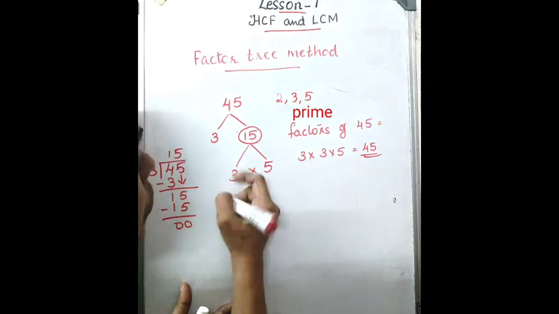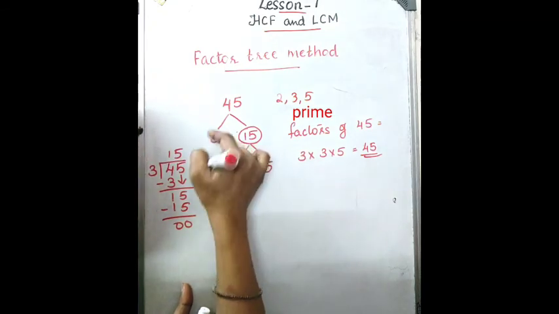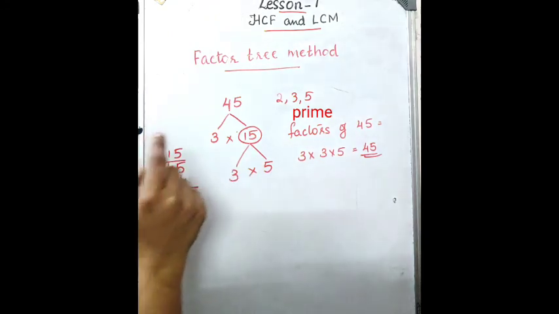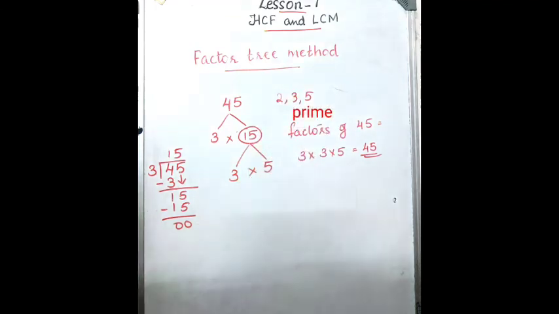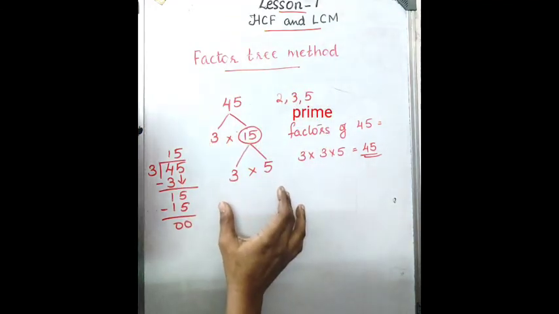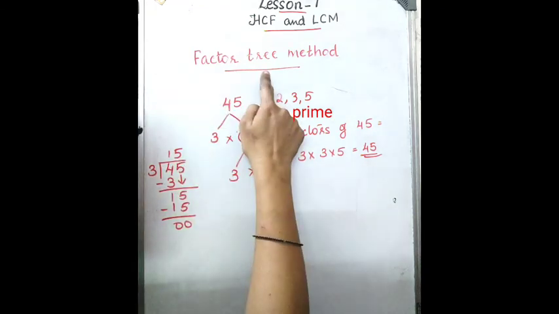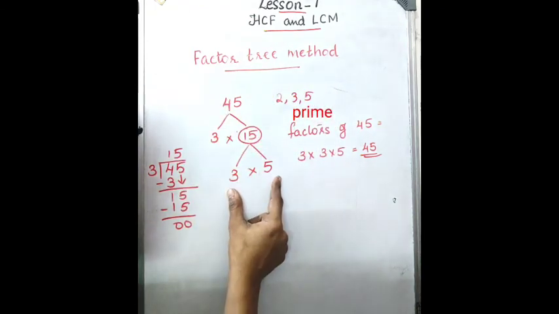Here 3 into 5 equals 15, 15 into 3 equals 45. Like this, you can find the factors by the factor tree method. This method of writing the number as prime numbers is called the factor tree method. Until we reach the prime numbers, we can stop. Children, I hope all of you understood the portion. Please study well and do the homework.